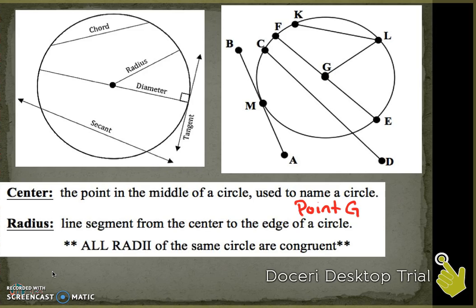So there's three radii here. The first one is going from G to F, the next one is G to L, and the last one is G to E. And again, you probably knew that already as well. So we have GF, GL, and GE as our three radii.